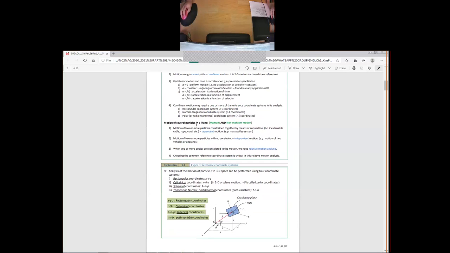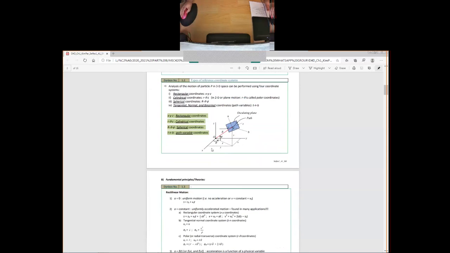Then the motion of several particles in the plane, that means there are more than one particle. Also this one you can have a look and read through. And then we have here rectangular XYZ. For this one I've explained a lot in the previous lecture and also in your tutorial.